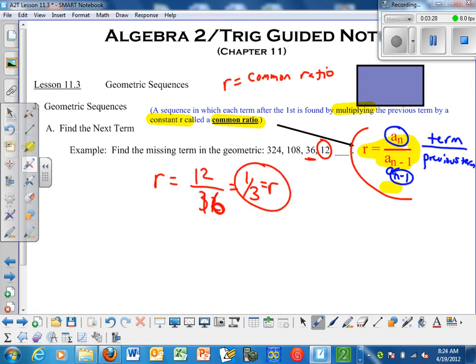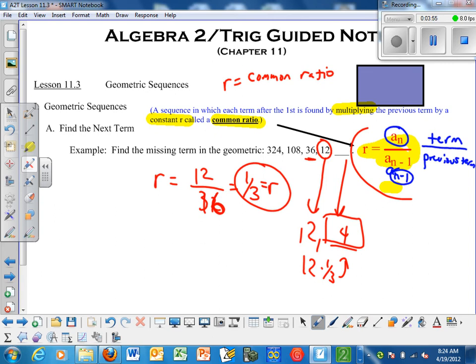That is the same as dividing by 3, but we always say, what do we multiply by? If it's a decreasing geometric sequence, r will be a fraction. So r is 1/3. So to find this next term right here, I have 12 and then blank. I'm going to take 12, I'm going to multiply by 1/3, which is going to give me 4, which is like 12 divided by 3.